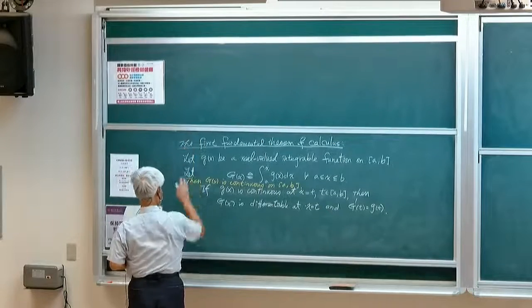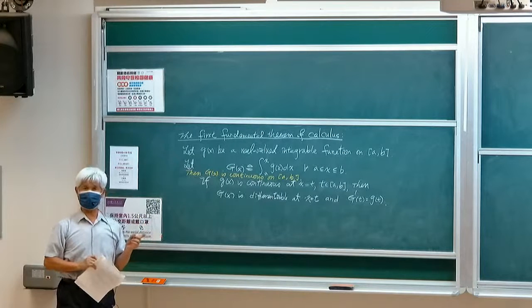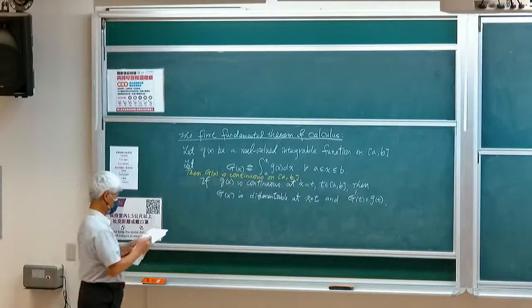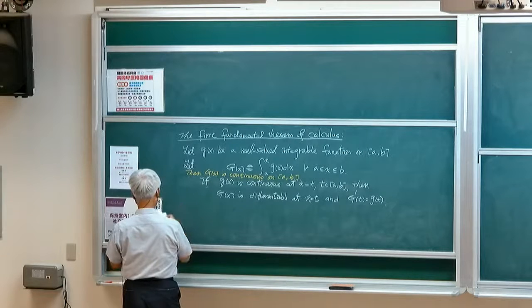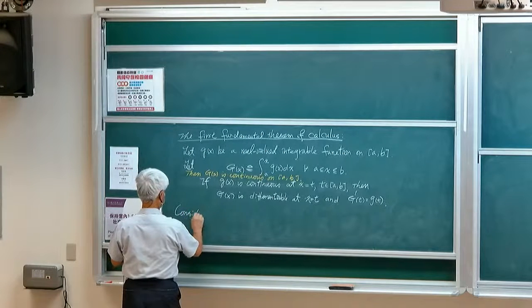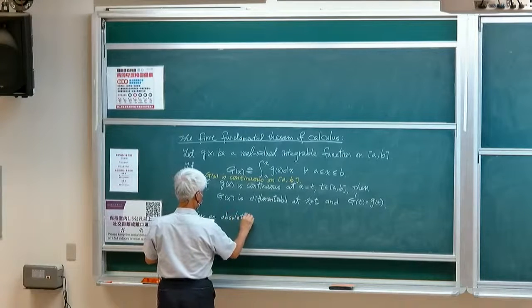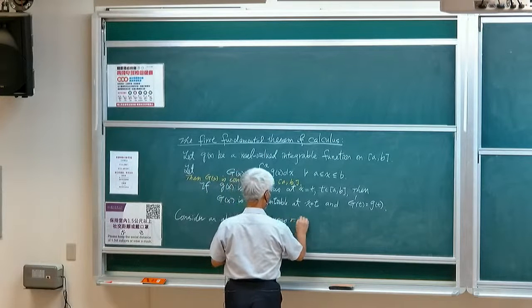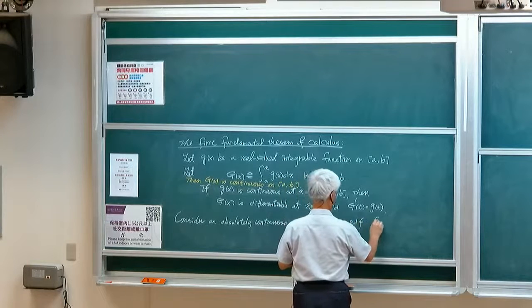Okay, now let's see some consequence of the first fundamental theorem of calculus to our absolutely continuous random variable. Okay, so consider an absolutely continuous random variable x with a PDF f of x.